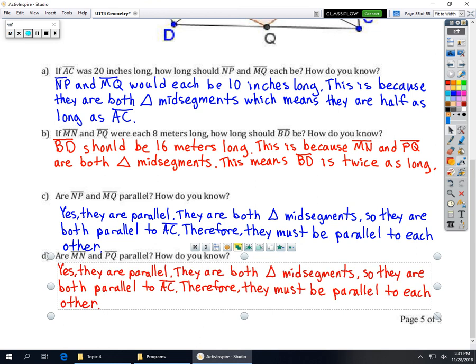I'm going to change the colors, and they're not parallel to AC. They are parallel to the other thing, BD. Oops. Yes. The joys of being lazy and using technology. Awesome. Therefore, they must be parallel to each other. All right, so that's cool, and that's it.